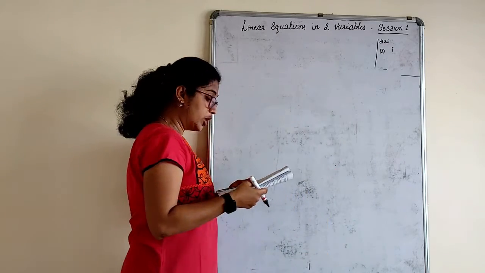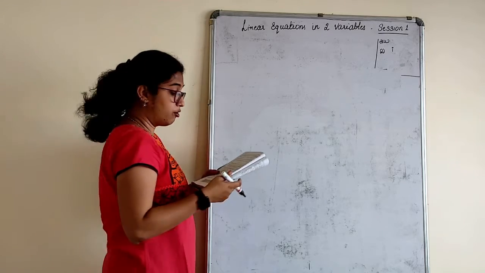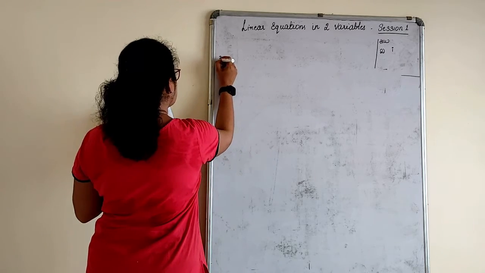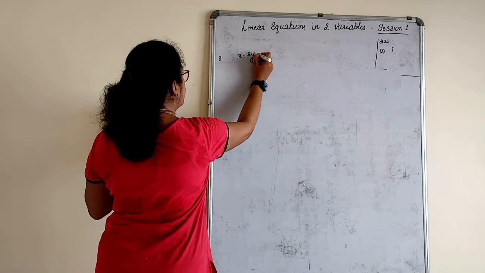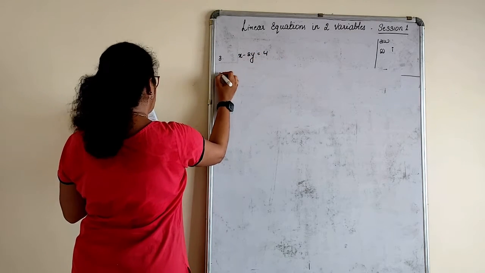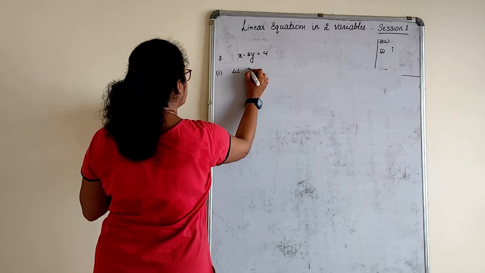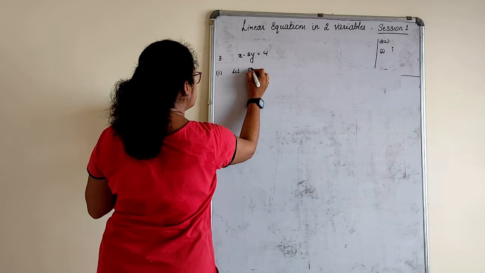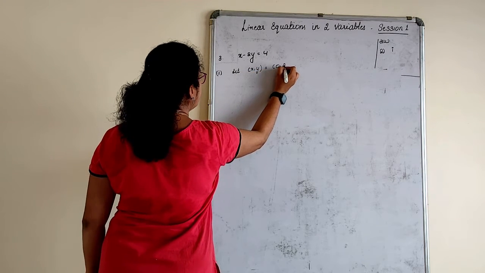Check whether the following are solutions of the equation and which are not. Now, how do we check whether they are solutions? The equation given is x minus 2y is equal to 4. So, first one, let the values of x and y be 0 and 2.